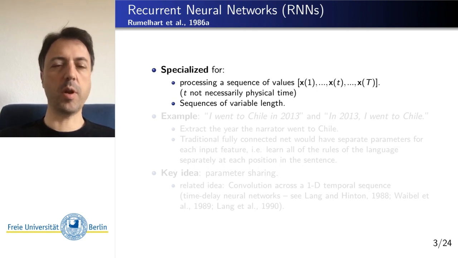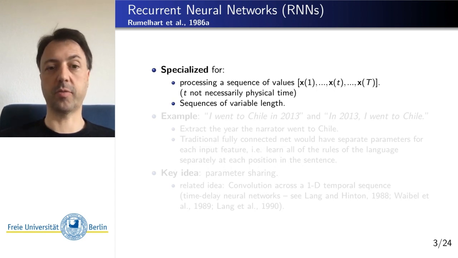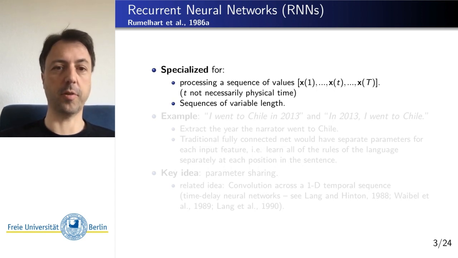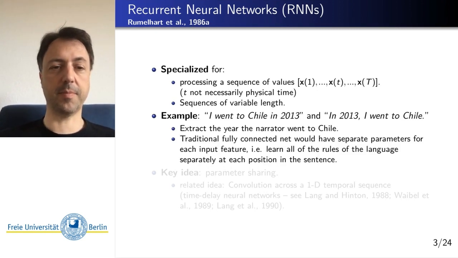Except for the variability in lengths, what we expect is that information that is relevant to process the input or to solve the learning task can be found at different places in the sequence, and we don't know in advance where to find them. So for example, let's consider these two sentences.